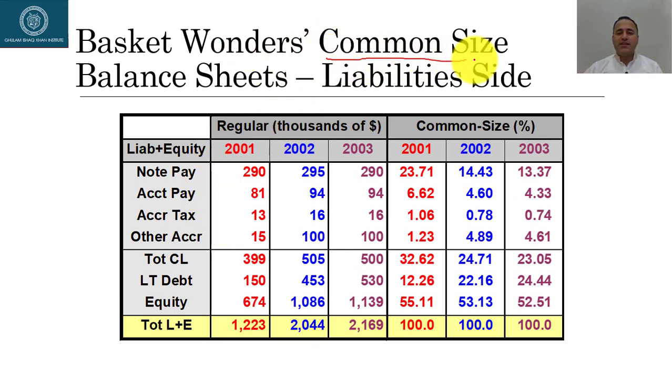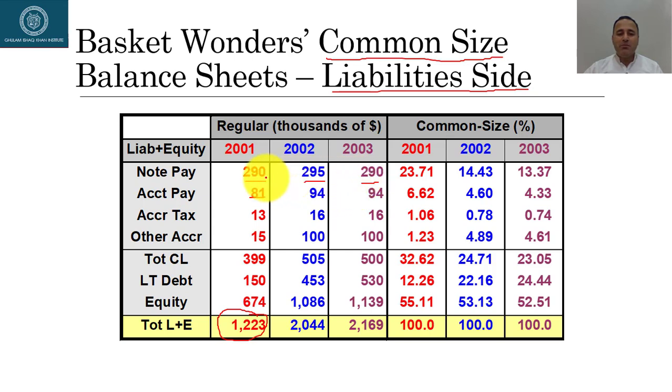Now, the common size analysis for the liability side is exactly the same thing. Total assets equal total liabilities plus equity, so it's exactly the same thing. You divide all those individual numbers by 1,223. And why do we do that? As I said a few moments ago, in order to compare the numbers for 2001, 2002 and 2003, comparison of absolute numbers does not give you enough information.